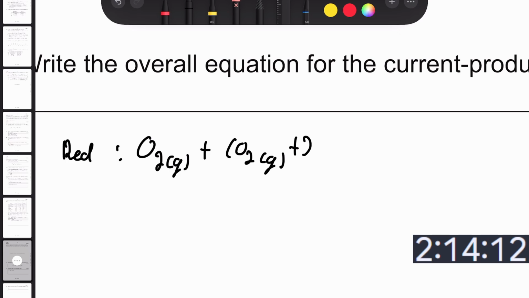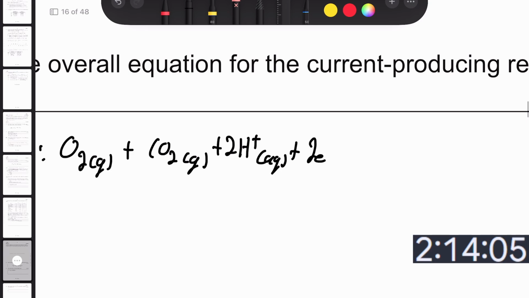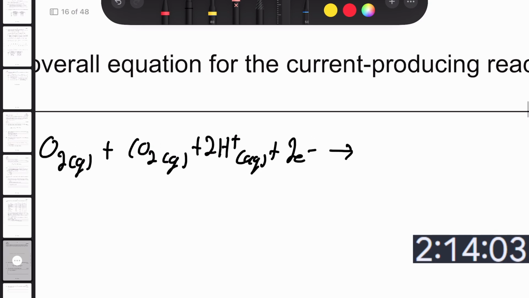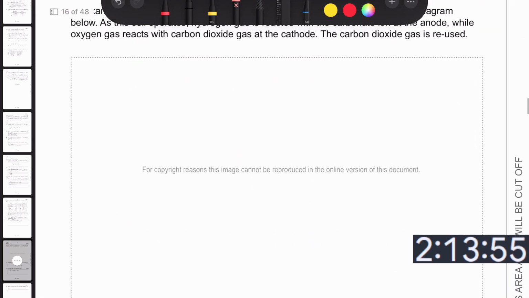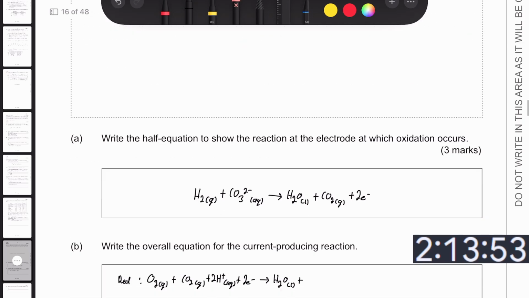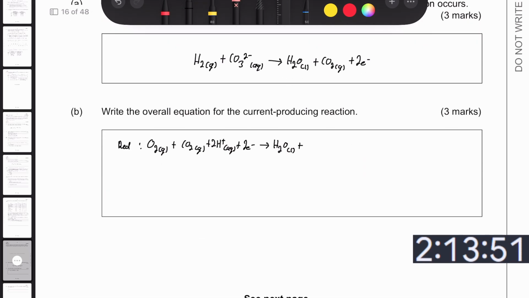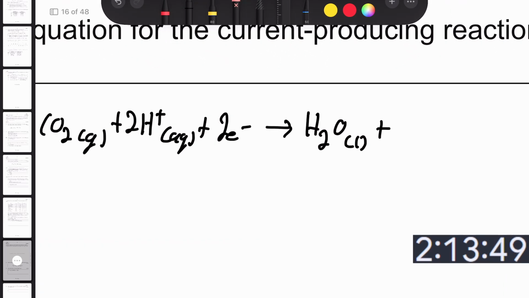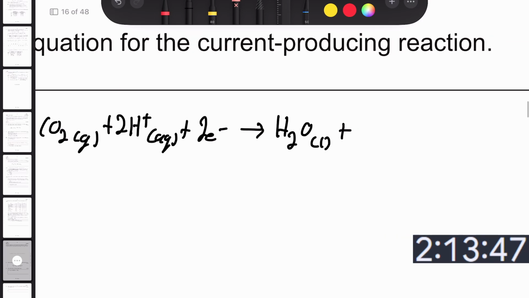Would I have plus 2H+ aqueous plus 2e minus, because then this can make H2O plus carbon dioxide gas, which is reused? And this can make the CO3 2 minus.